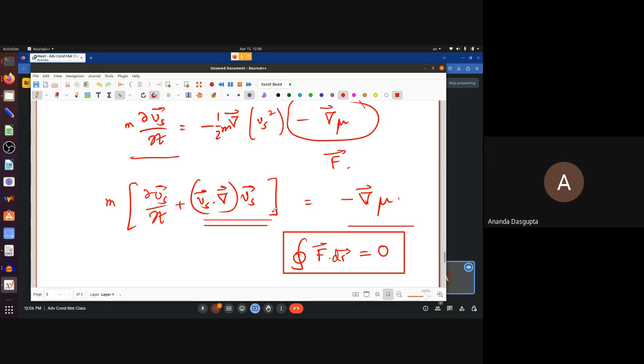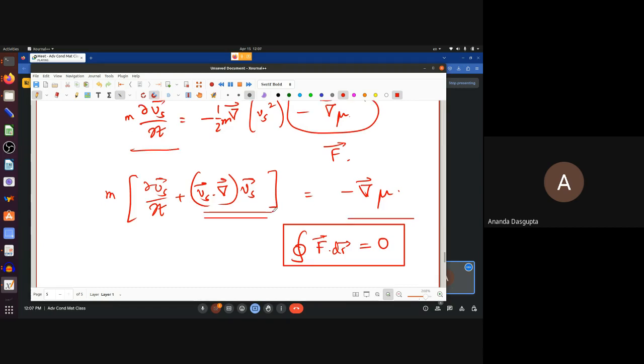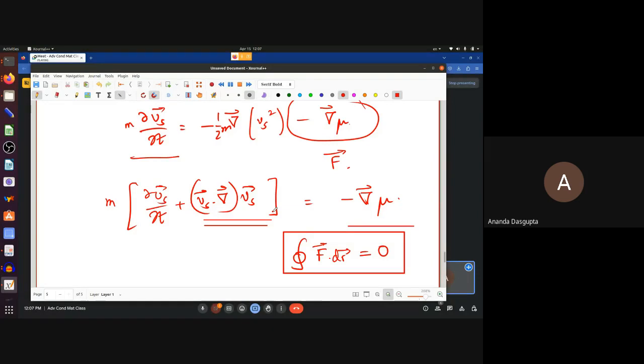Okay, this is why we are so convinced that Landau's theory of a macroscopic quantum state actually corresponds to a superfluid. Because the force is conservative. The only thing is we have not yet shown that because we have this equation: M del Vs del T plus half grad Vs square.